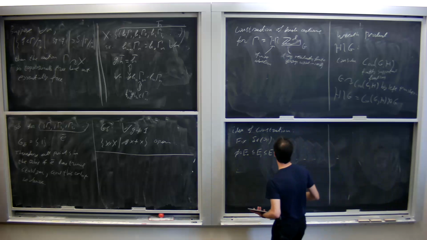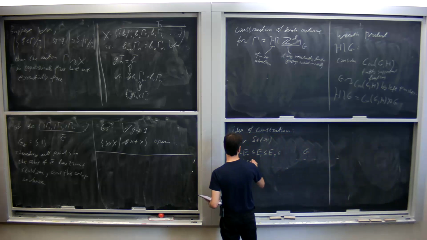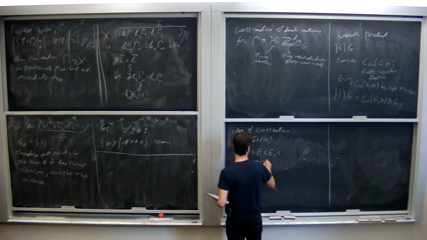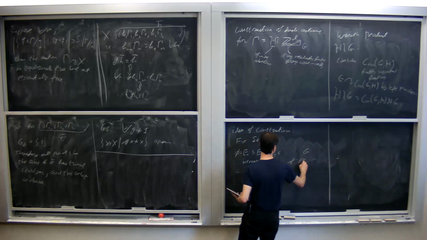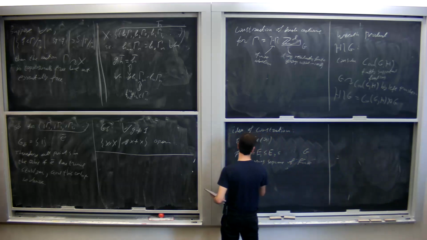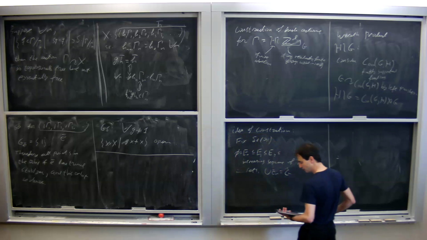Okay, so let's be consistent. So let's put those in G. That's an increasing sequence of finite sets. Okay, G is countable, you can do it.